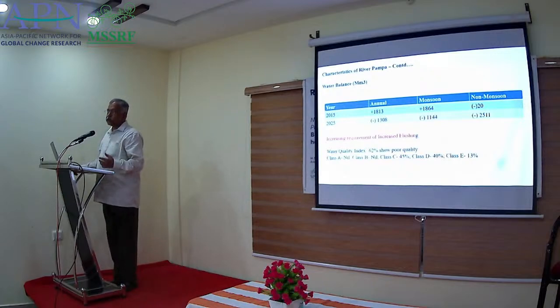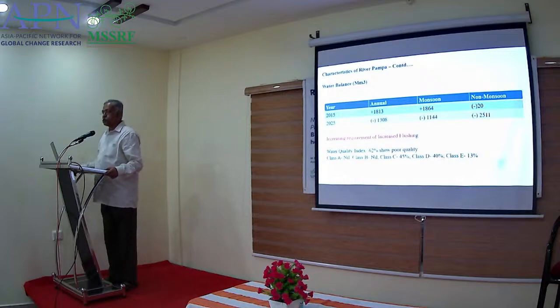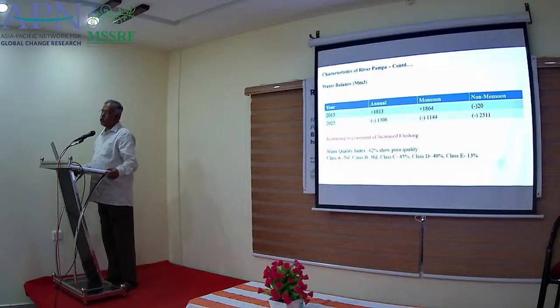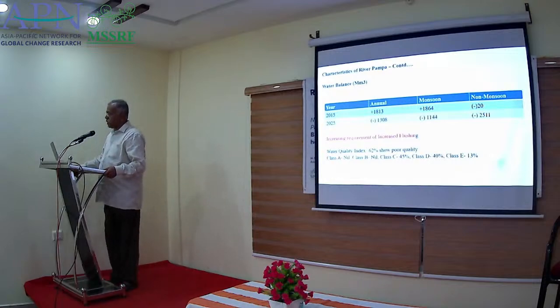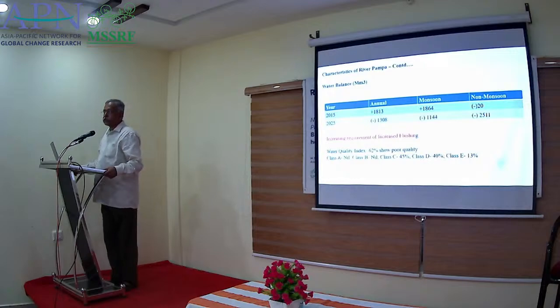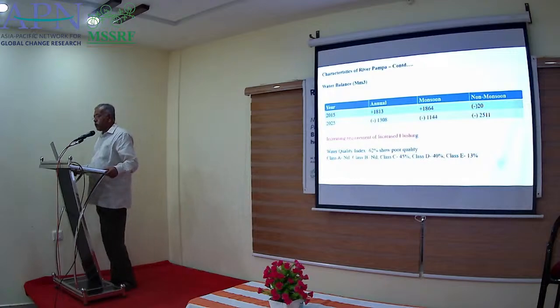So the water required for diluting the pollutants that get into the river is very huge. Thereby, we will have a very huge water deficit in this particular river basin by 2025. This is the scenario we have. And when you look at the water quality index, probably Ajayakumar must have told you yesterday, almost 62% show very poor quality.